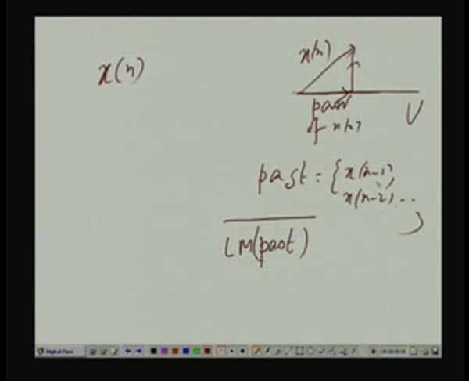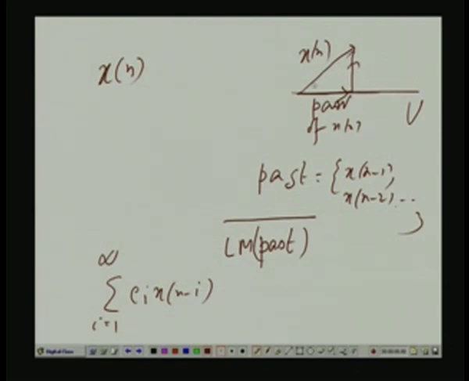So you will have the best possible linear combination, like the sum of C i x n minus i, i equal to 1 to infinity. It is an infinite sum, but there is no problem, it is perfectly defined, because I am taking the closure. It is not only the linear manifold of this set, but it also includes all the limit points. The coefficients should be chosen in the best way so that this is the orthogonal projection.